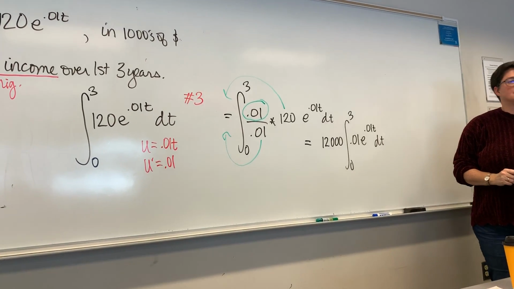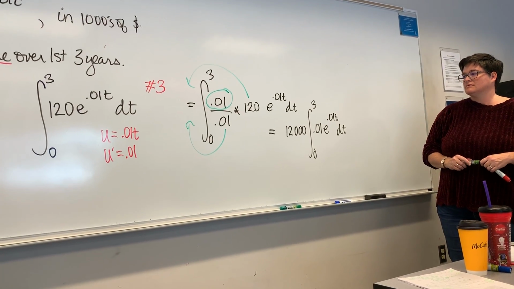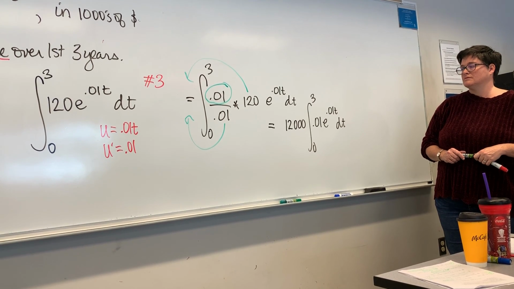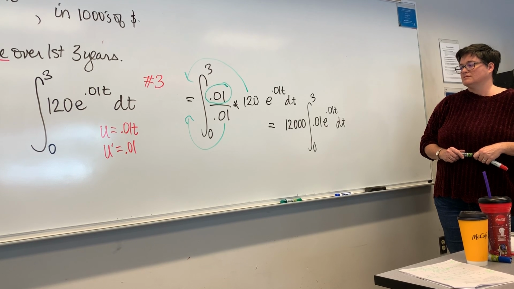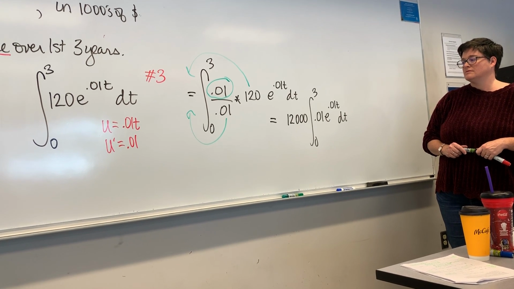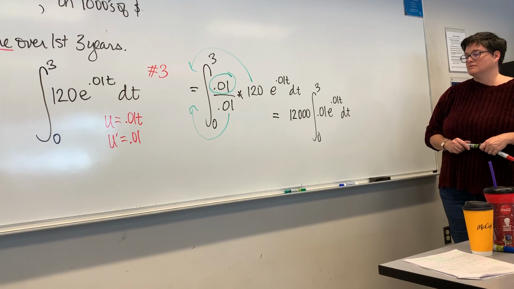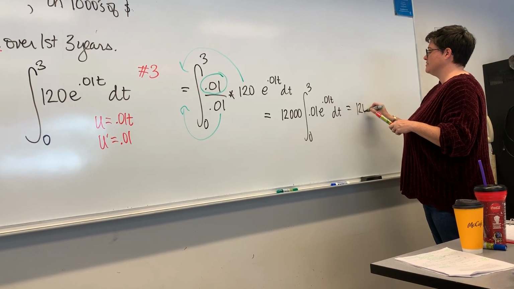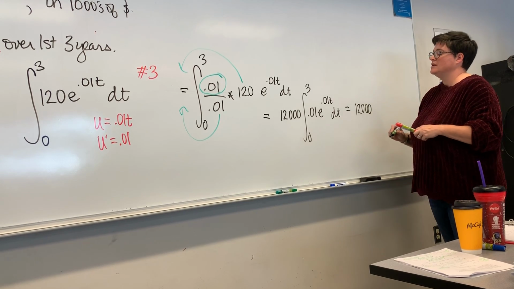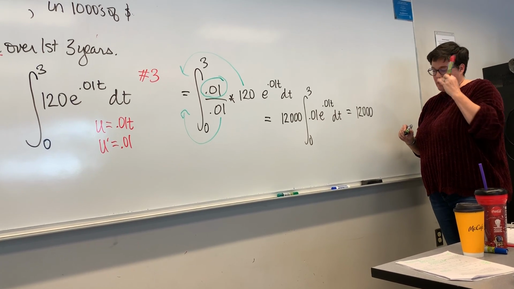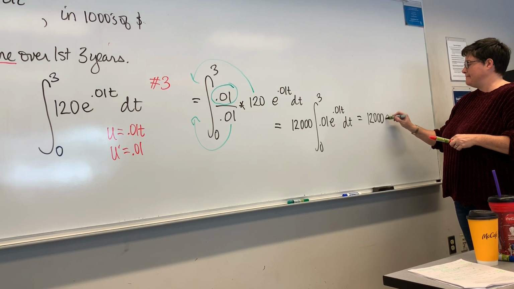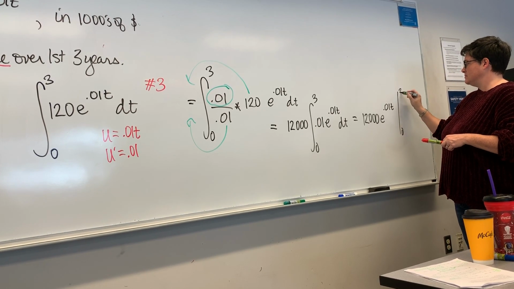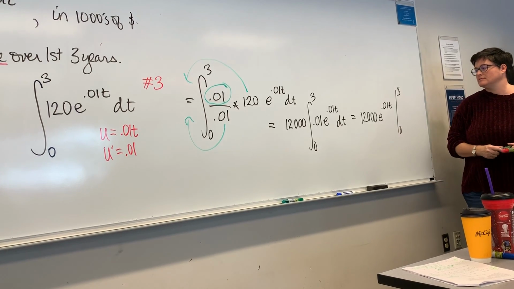So what's my integral, guys? The 12,000 stays, it goes along for the ride. It's a new constant coefficient. What does u prime e to the u become when we integrate? E to the u, and we're going from 0 to 3.